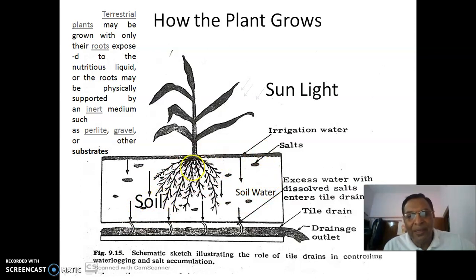The nutrients, both in the soil as well as in the water, will be taken up by the roots.